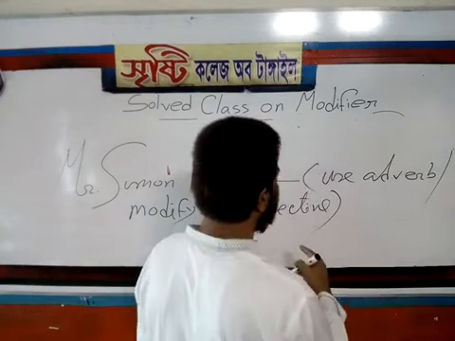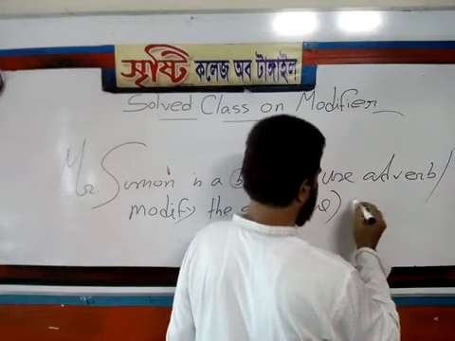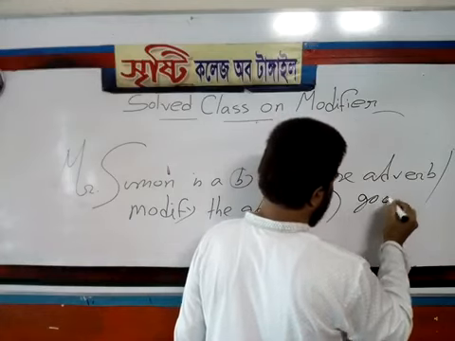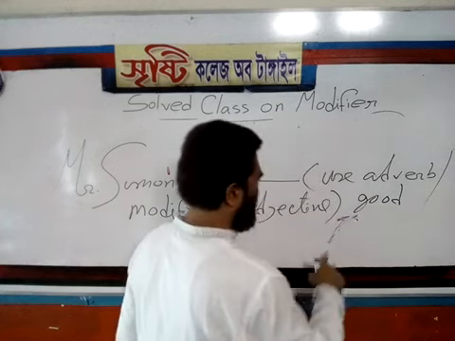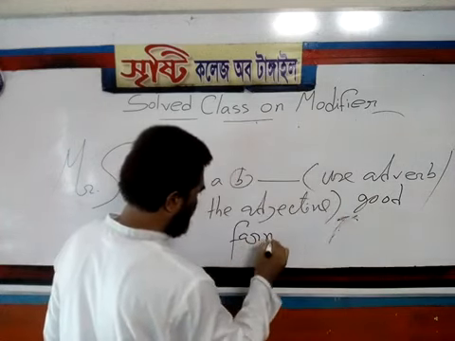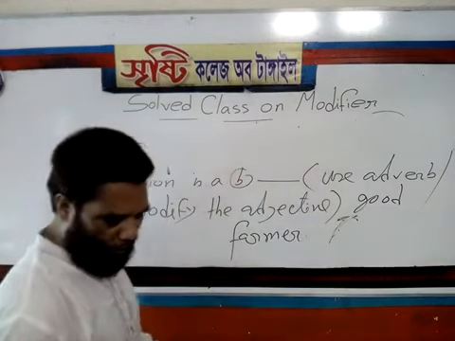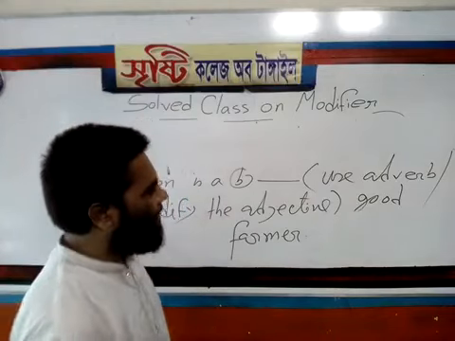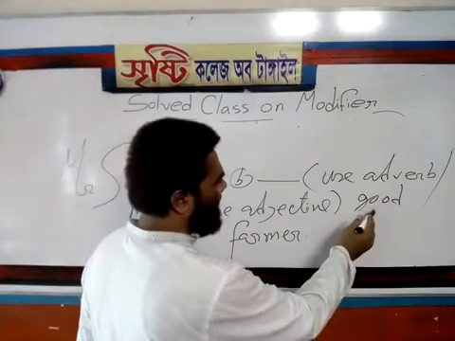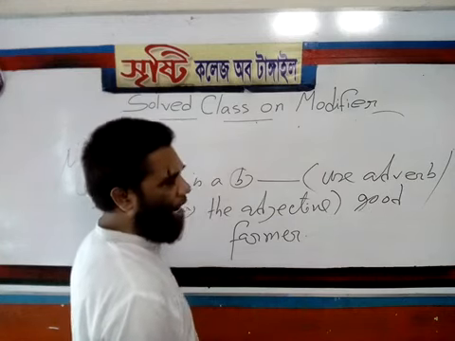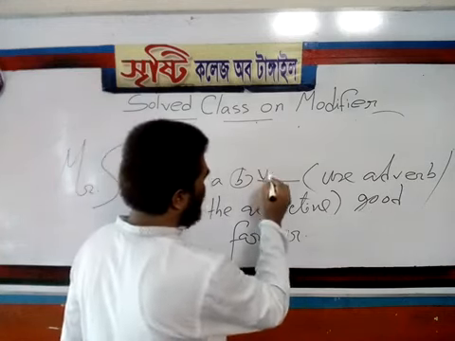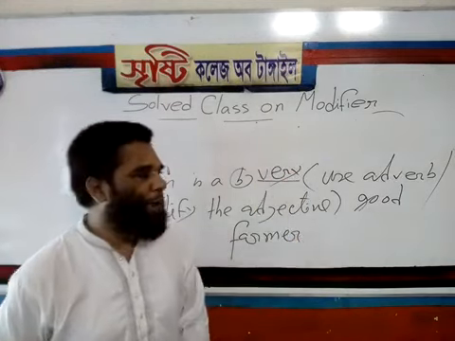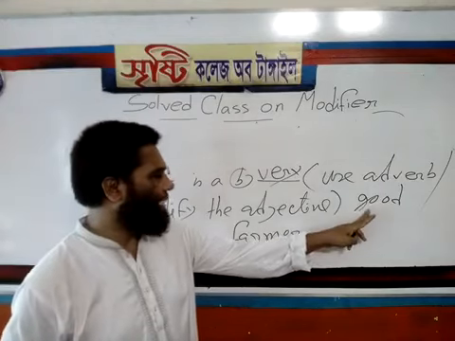Mr. Suman is a dash good farmer. Like referred persons, here we also ask the adjective how good. How good. Very good. That means here we are being asked to modify the adjective.